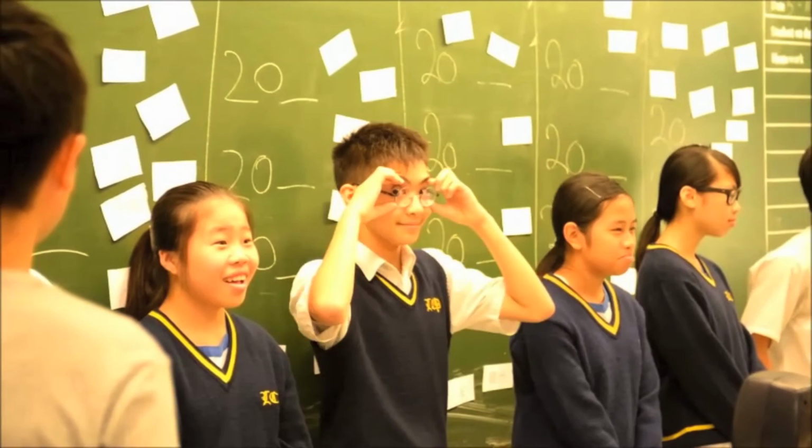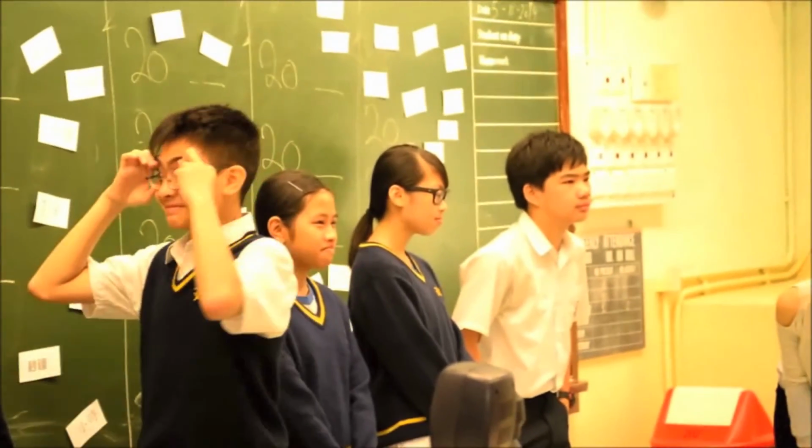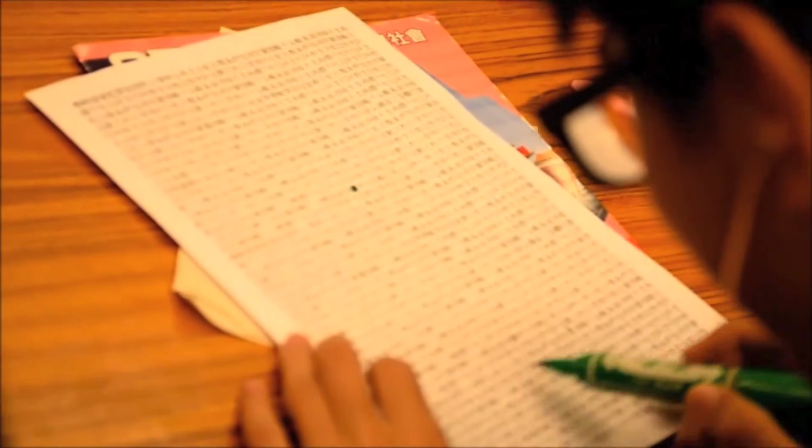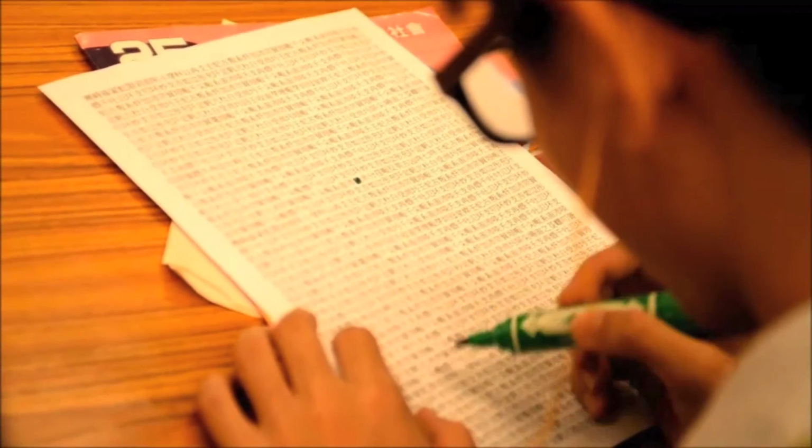Here the students try to keep their eyes open, simulating the symptoms of dry and wet eyes. Students simulate the symptom of headache by listening to annoying music and highlighting the units.